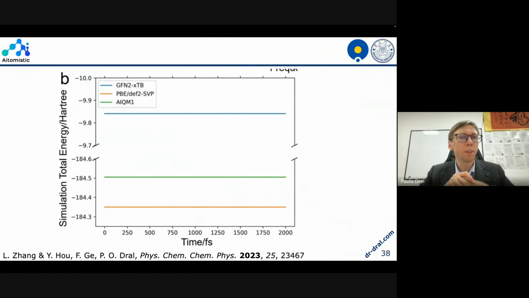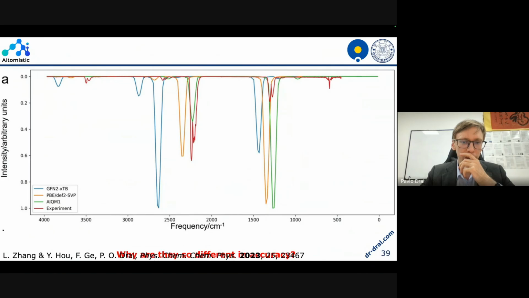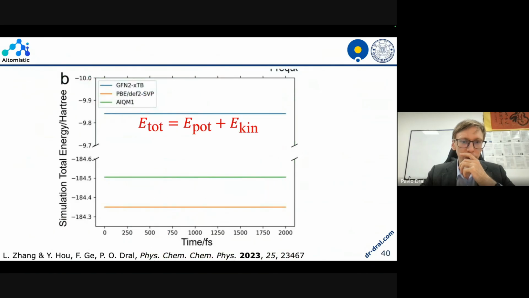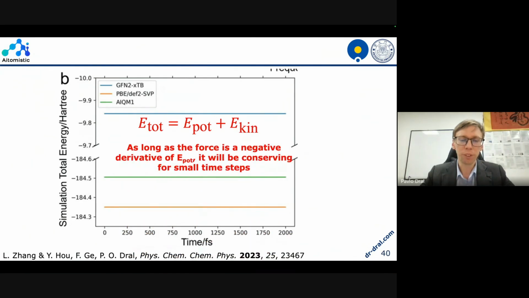I think it's underappreciated, but my claim and my solution is that we should go away from this. As long as the force is the negative derivative of the potential energy, it will be energy conserving for a small time step by construction.